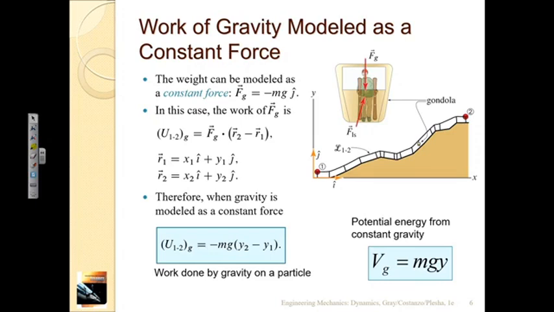So do the same thing for V2. mg y2. And I've got A, I've got B, and I've got C. So at position 2, my distance from datum A, mg times minus 2. I've gone down 2 to get there.